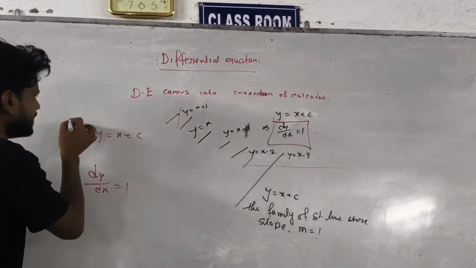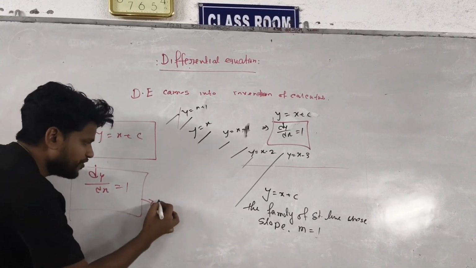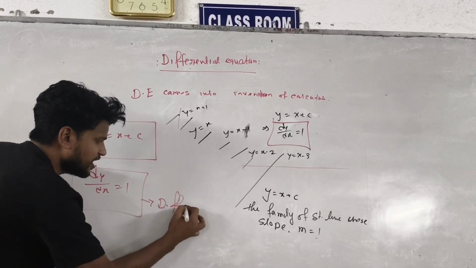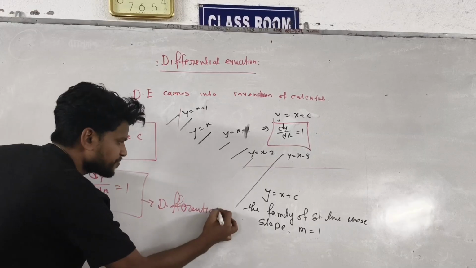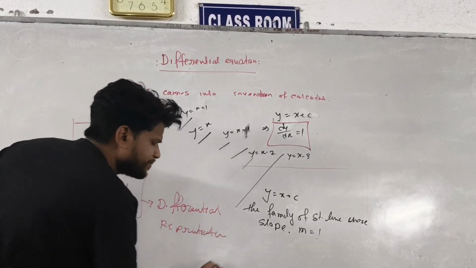This is the Cartesian representation, and this is the differential representation. There are so many representations.